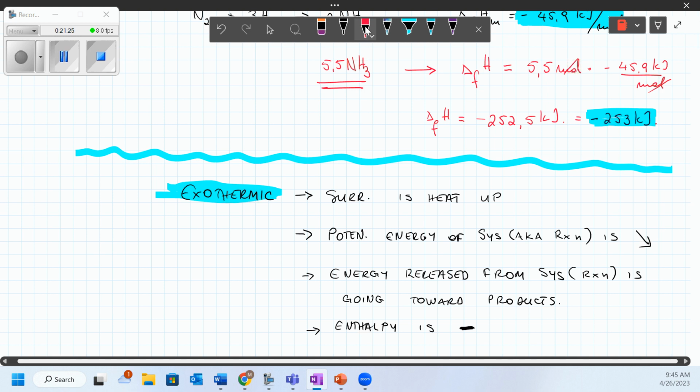For the endothermic reaction, the opposite thing is happening.